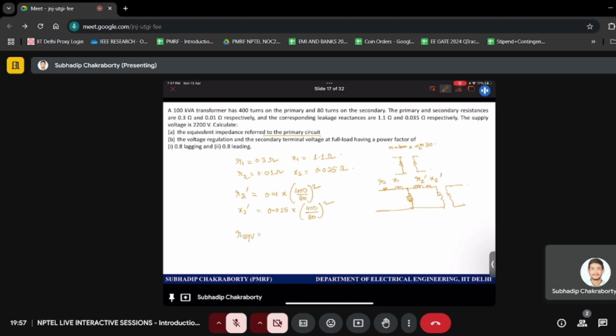And R equivalent is nothing but R1 plus R2 dash, and X equivalent is nothing but X1 plus X2 dash. So we'll calculate and get this as 0.55 ohms and this as 1.975 ohms.